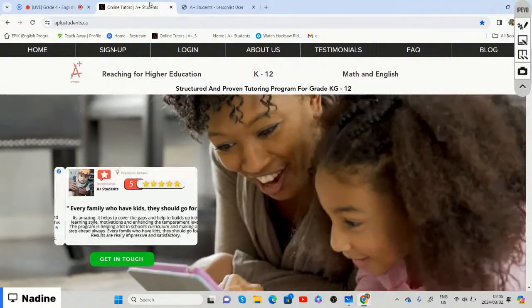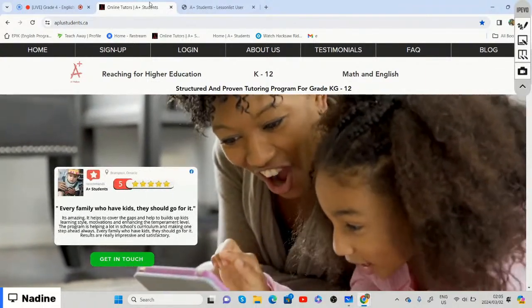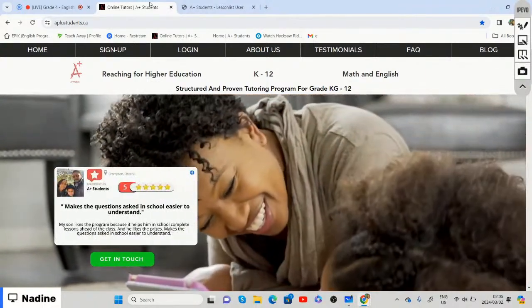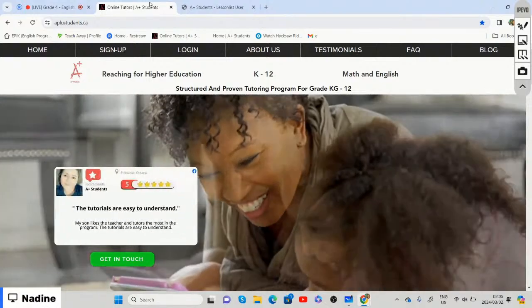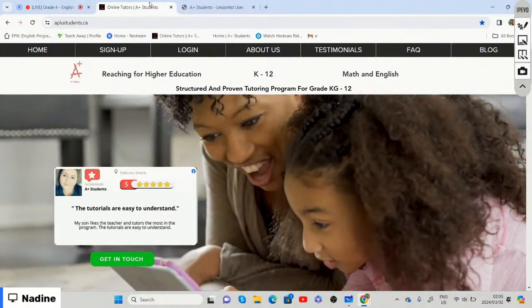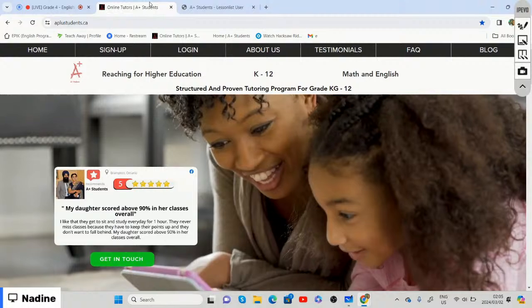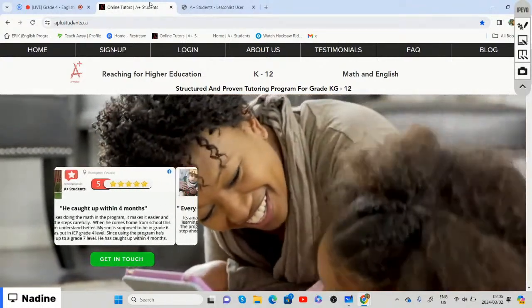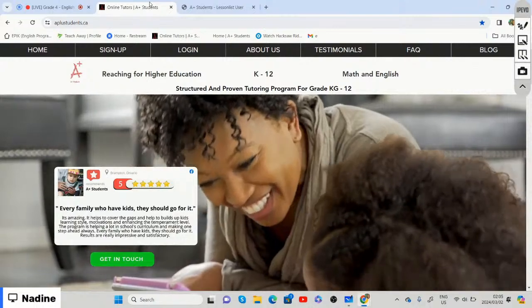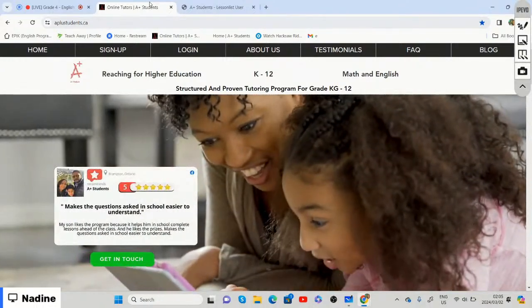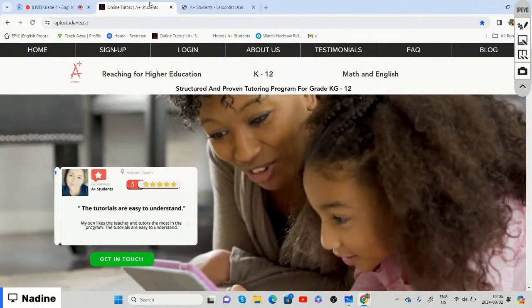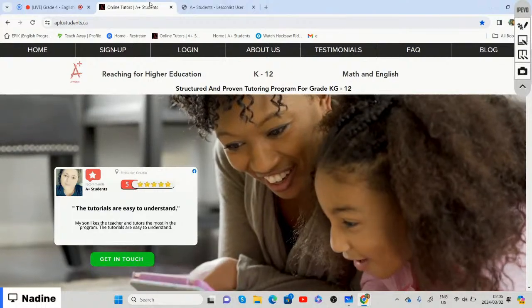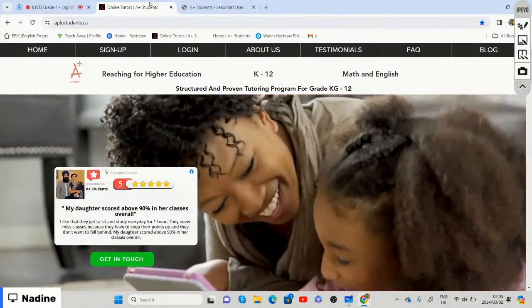Then we're going to select the subject of language arts, grade 4, and scroll down until we get to the chapter of Greek and Latin roots.